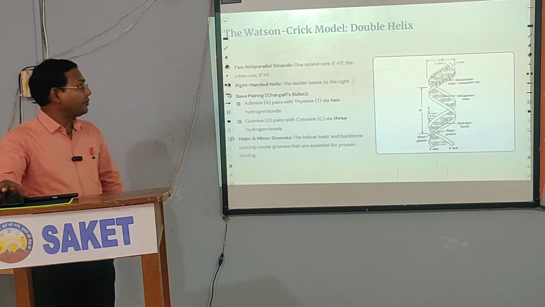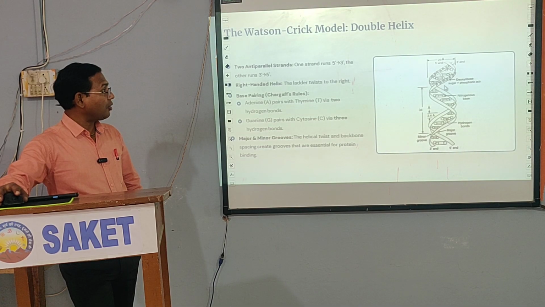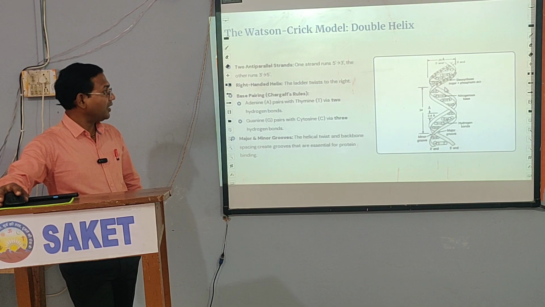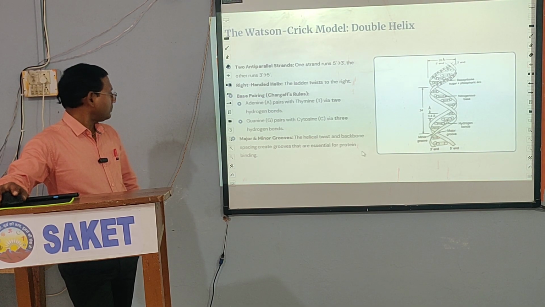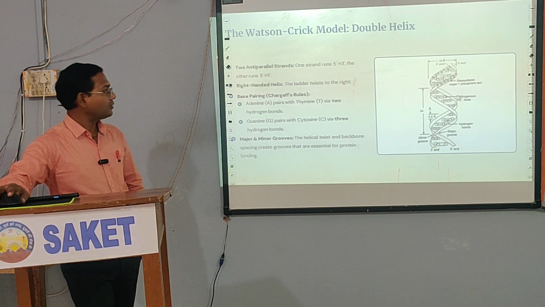So if DNA polymerase has to replicate, or when it has to transcribe, all the machineries for polymerization and transcription come and bind to the major groove. Thus the major and minor grooves, formed by the helical twist and backbone spacing, are essential for protein binding.